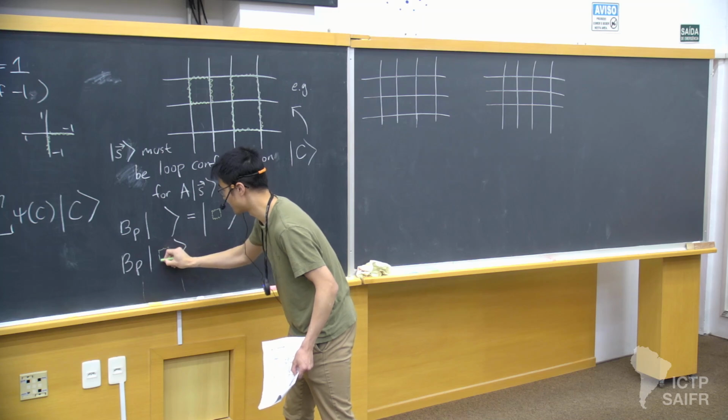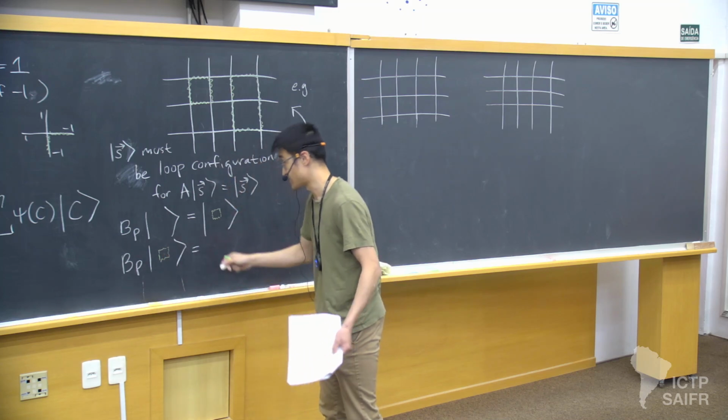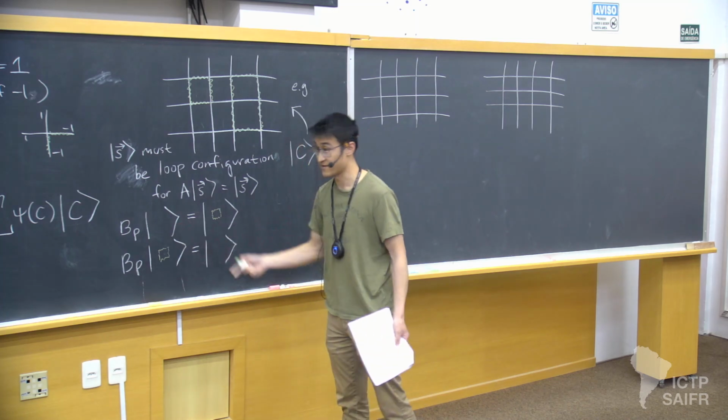If it's acting on that plaquette at P, then it'll destroy that. It'll flip all the -1s to 1s, so we get back to our no loop configuration.